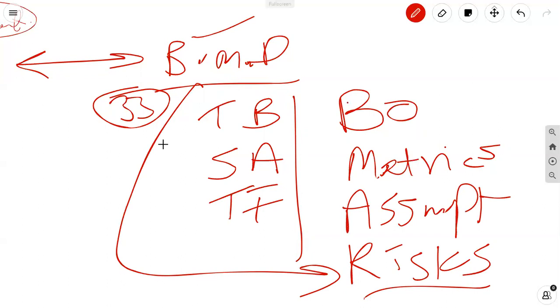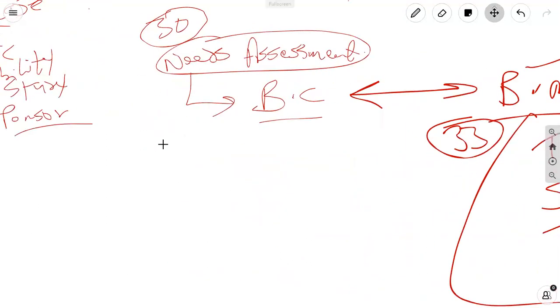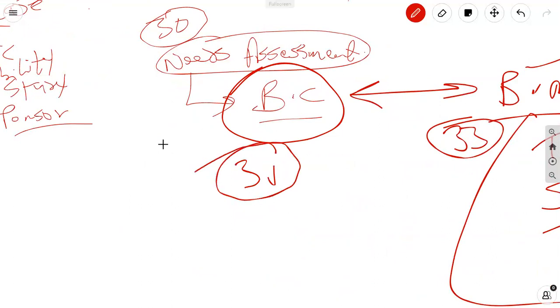So these pages that I've outlined are very important. I would like you to read in more detail pages 29, 30, 31 as well, where we address the business case. The details regarding the business case are on page 31. Make sure you read those up.